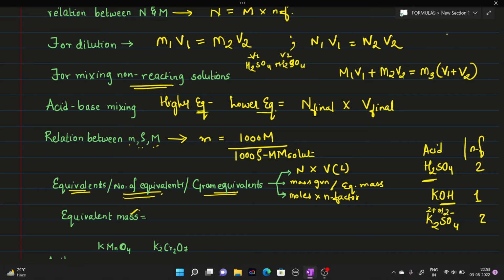In redox reactions it would also come, but we can see it later on. For equivalent mass, the formula is molar mass divided by N factor.